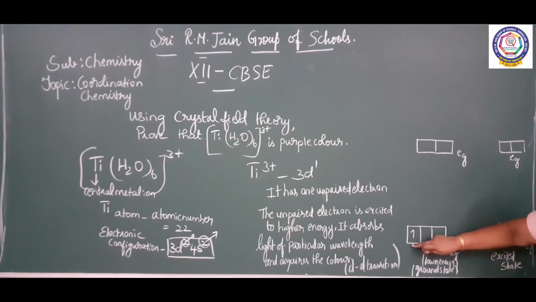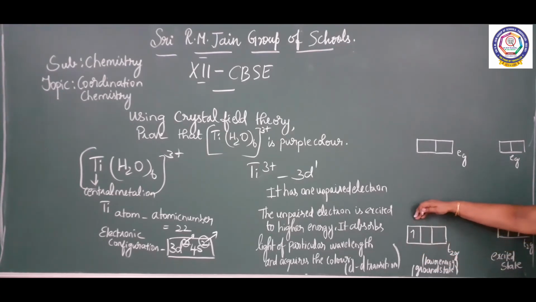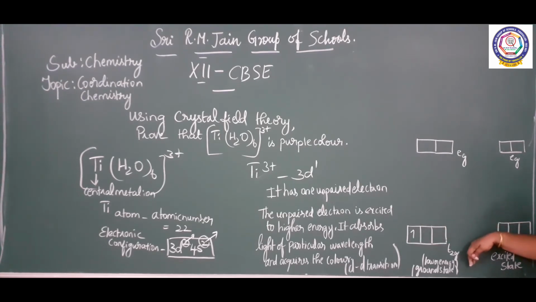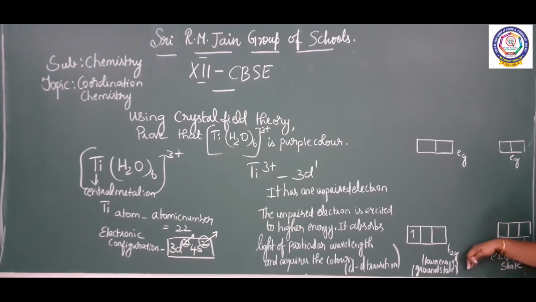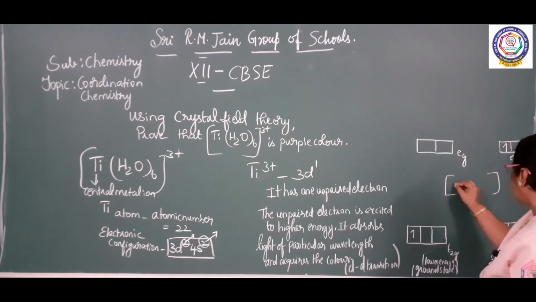The electron which is present in the ground state, the lower energy orbital, will be excited to the higher energy orbital. So here what is taking place? d-d transition.